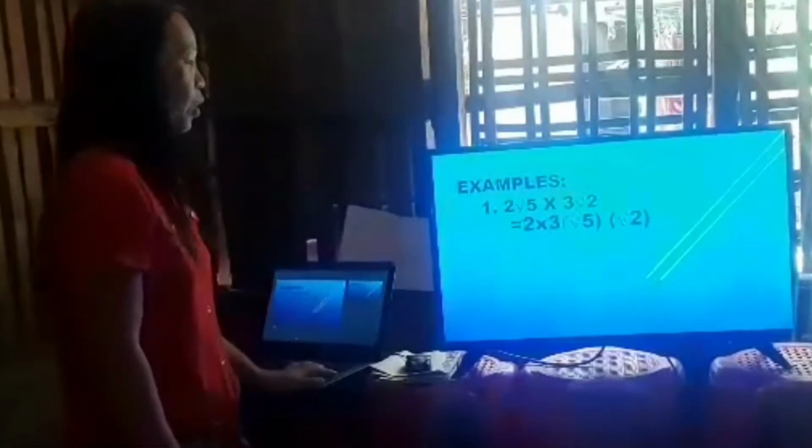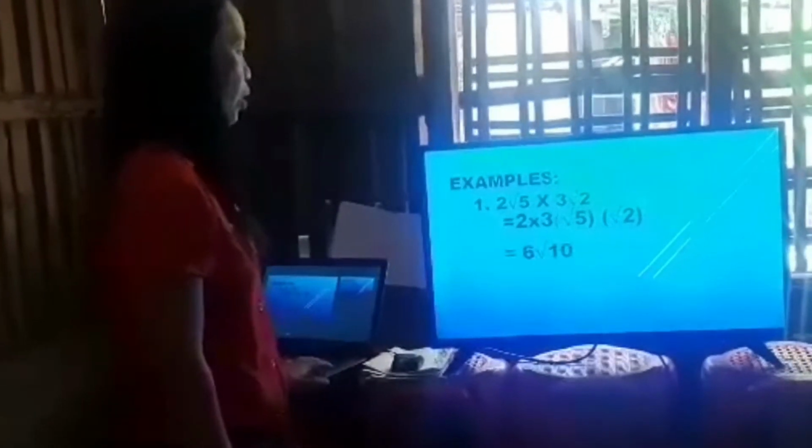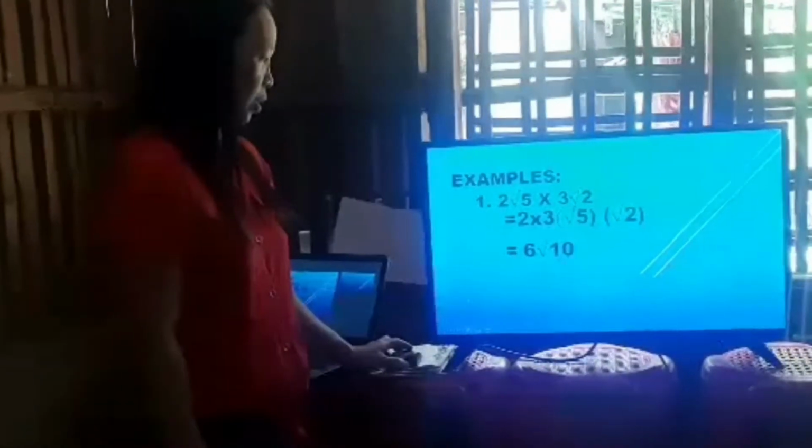So we have 2 times 3 is equal to 6, and the square root of 5 times the square root of 2 is equal to the square root of 10. So the final answer is 6 square root of 10.